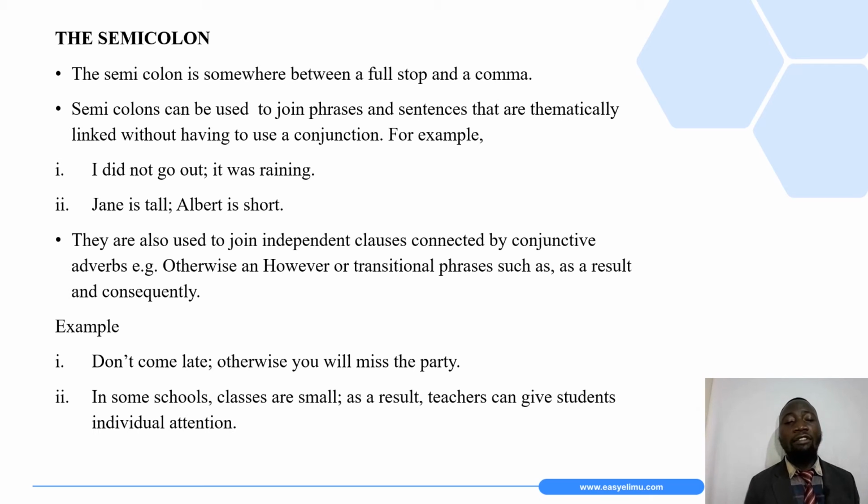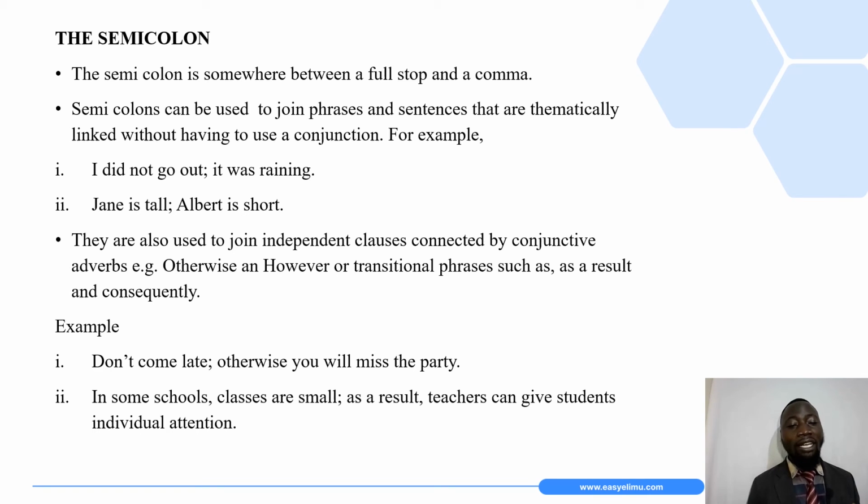There are a number of transitional phrases; remember, there are those that show contrast, consequence, effect, and so on. The examples in sentences: Don't come late; otherwise you will miss the party. Then again, in some schools, classes are small; as a result, teachers can give students individual attention.